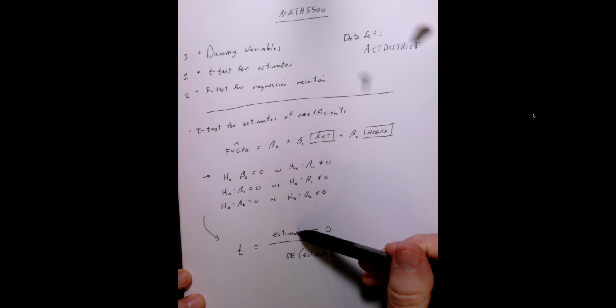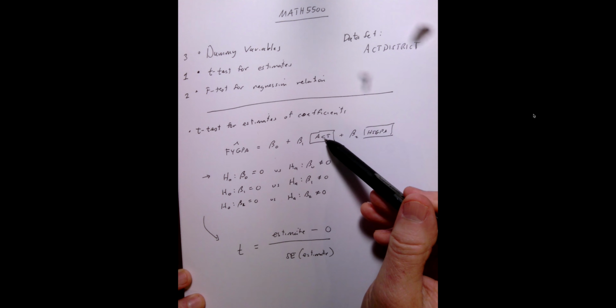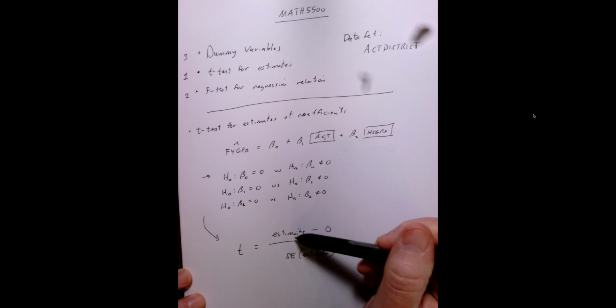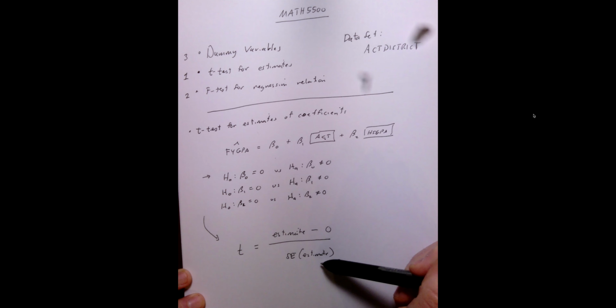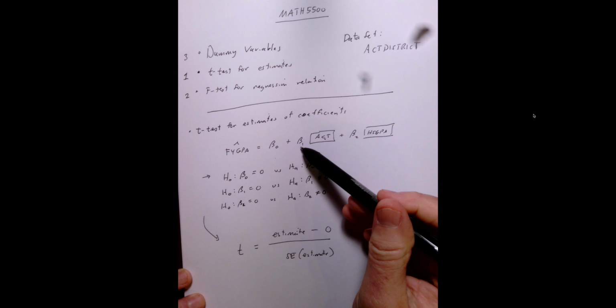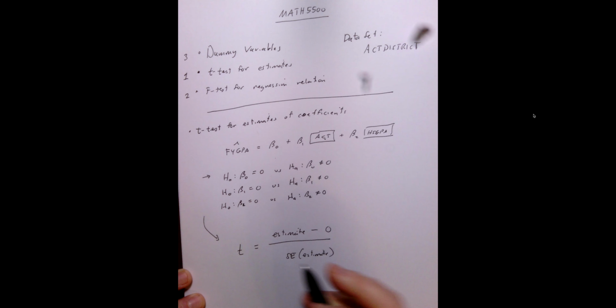The estimate is just the coefficient that we get from the R output, and the standard error for that particular coefficient is found using the variance-covariance structure for B, which we've studied pretty much ad nauseam.